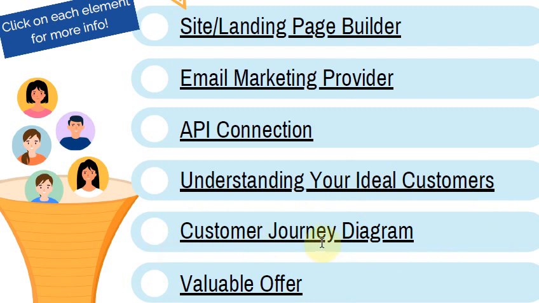So you can map that out, or you can just write it out on a napkin, or grab a piece of paper and a pen and just map it out. Step 1, step 2, step 3. But if you want to see what a customer journey diagram looks like, you can click on this button.